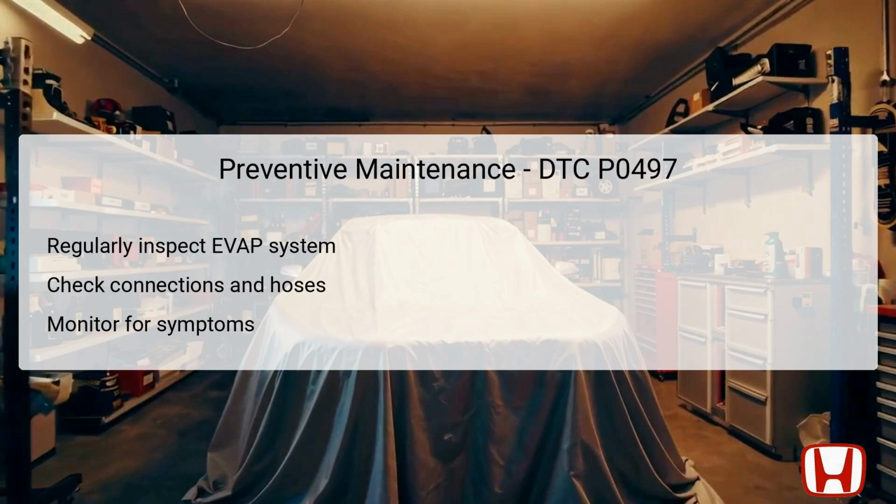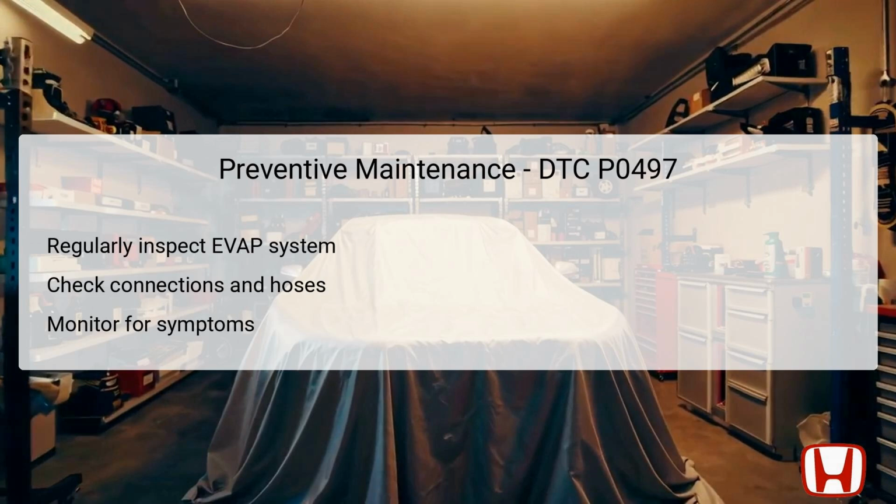This includes checking all connections, vacuum hoses, and components for signs of wear or damage. Regular maintenance can help catch potential issues like blockages or degraded materials before they develop into more significant problems, such as triggering DTCs. Monitoring for symptoms like changes in vehicle performance or unusual fuel odor can also serve as an early warning for EVAP system issues.